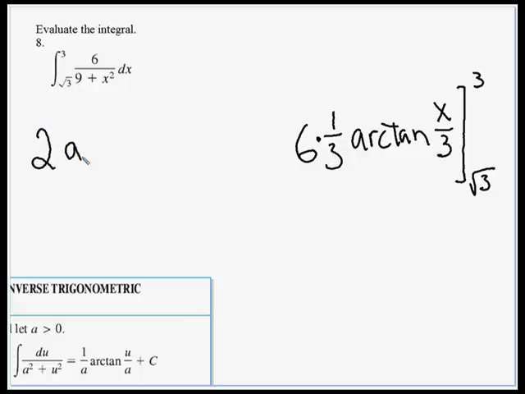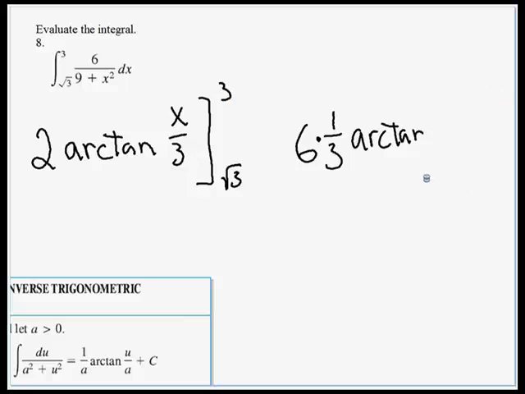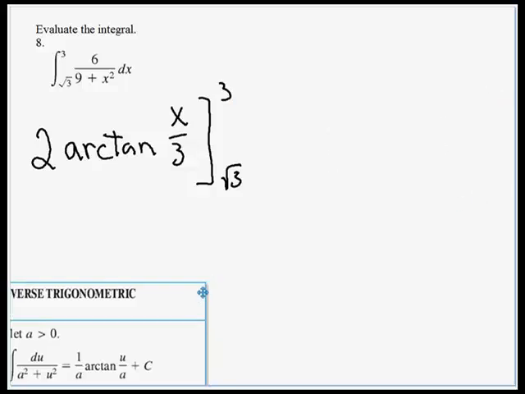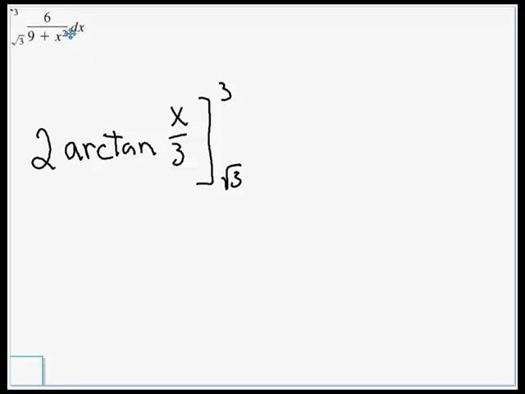2 arctan of 1/3 x from root 3 to 3. And to evaluate, we drop in our upper limit first.